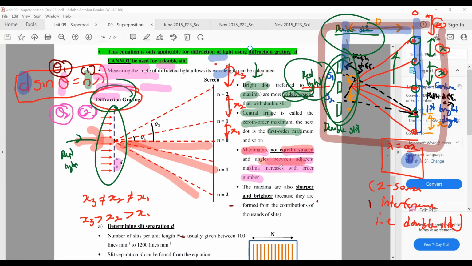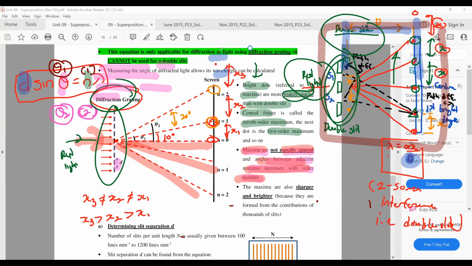The angles between the adjacent maxima will increase with order of magnitude. So it could be that between here and here, your angle is 10 degrees. But for this one and this one, the first order and second order, your angle is not the same. Maybe it becomes 20 degrees.